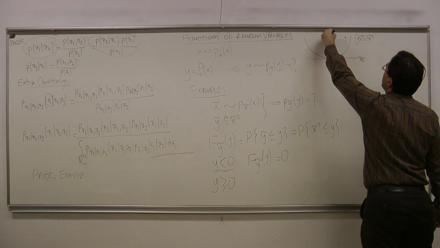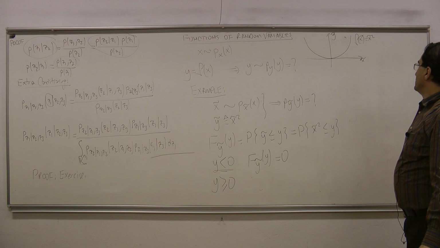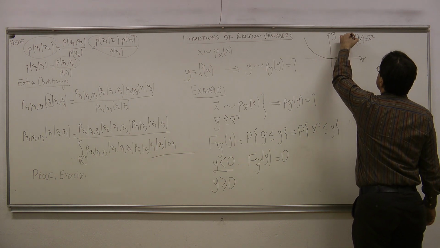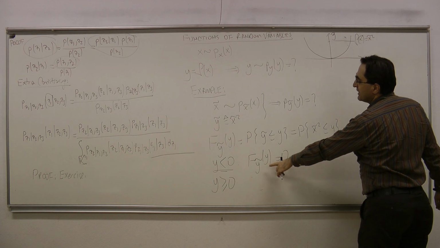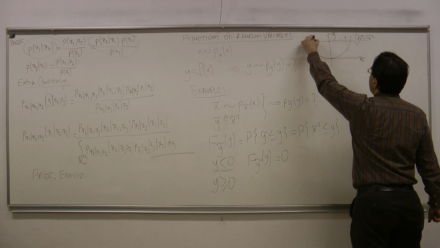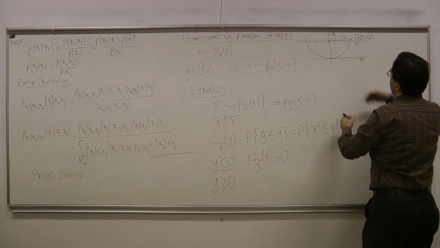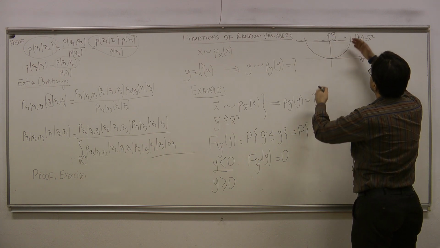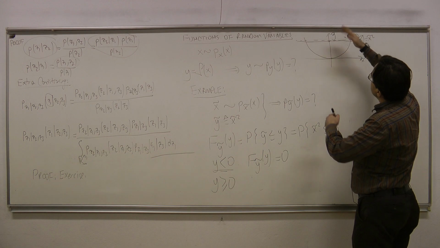This is x tilde, and this is y tilde. If y is non-negative, then y is somewhere here, and I'm looking at the possibility of x tilde squared being smaller than y.